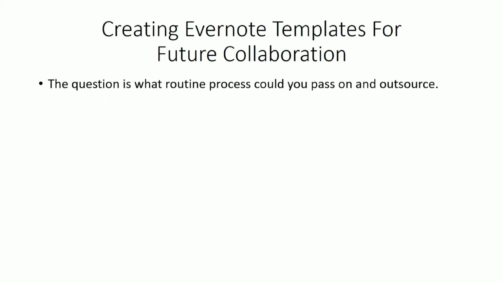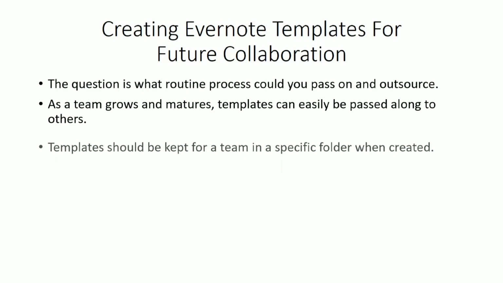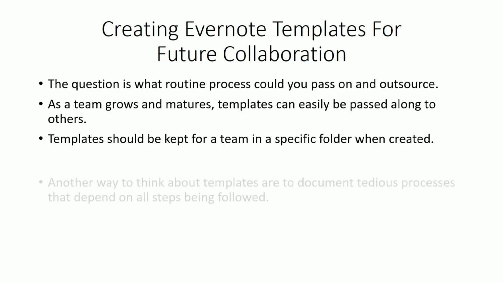The question is, what routine process could you pass on and outsource as a team? What is it that you're doing that someone else could be doing later in the future? Now, as a team grows and matures, templates can be easily passed on to others to do the process. Now, in Evernote, templates should be kept for a team in a specific folder when it's created.